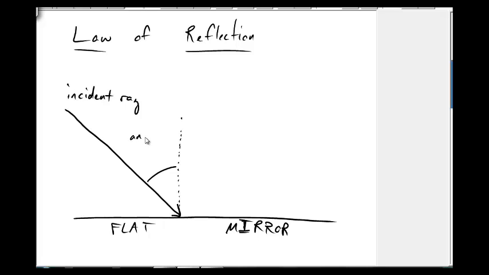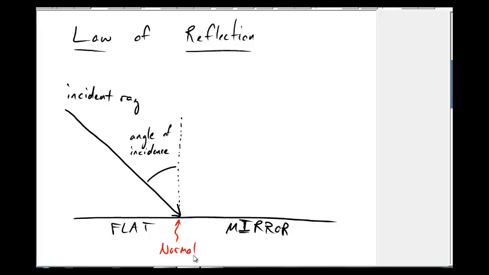The angle of incidence. I know I should draw a dotted line. Good point. This dotted line, the one I'm pointing to right now, is referred to as the normal. Remember back in the first semester, we discussed the normal force.